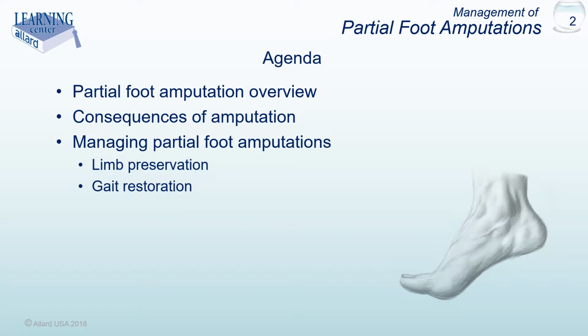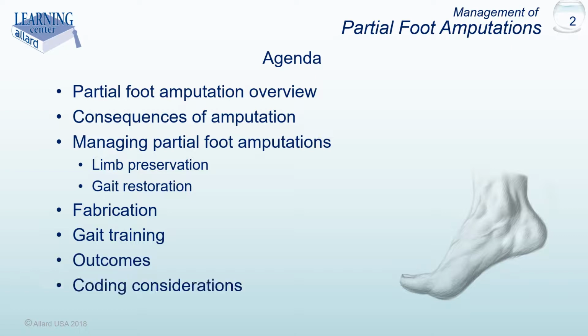In managing the partial foot amputation patient, we'll look at different aspects of both preserving the residual limb and restoring gait function. Fabrication techniques are then reviewed, and that will be followed by gait training and by outcomes that we've seen using these techniques. Finally, we'll look at coding considerations that may be useful to you in billing for the work that you've done.